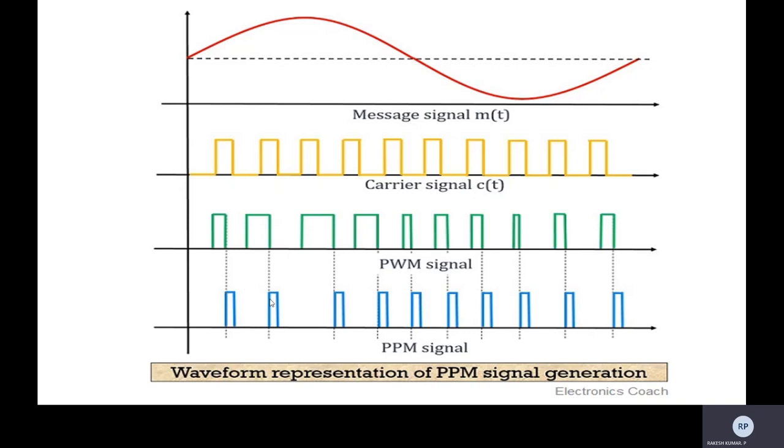Here, if you observe, the widths of all the pulses of the pulse position modulated signal are the same. The only difference is the spacing.